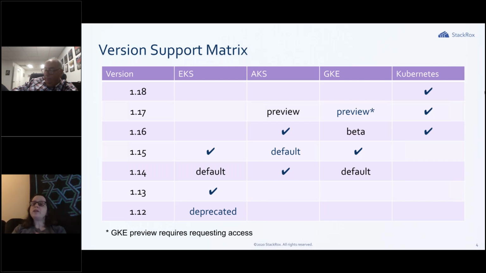For Kubernetes, the official open source, they currently support 3 versions. They have a release cadence of 3 months, so any given version will be supported for 9 months. There is a Kubernetes enhancement proposal, KEP, for extending that so that they will support 4 versions, which means any version will be in support for a whole year.